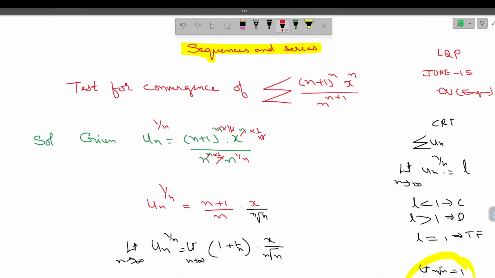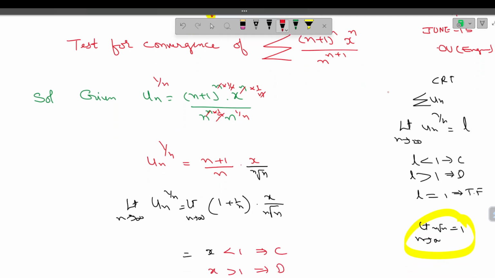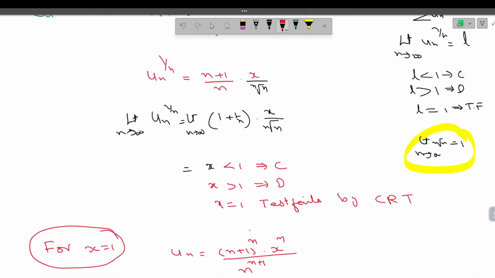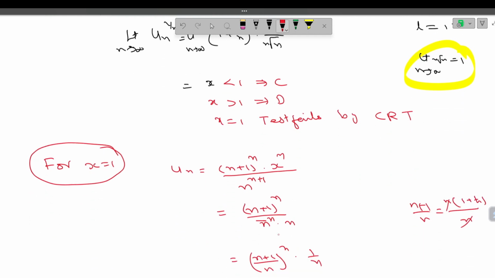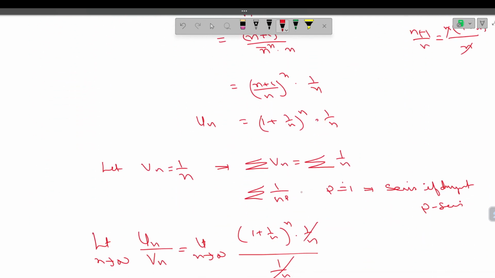Those who are watching, this appeared in the Osmania Engineering June 15 long question problem. For long question problems, you can't leave the problem at test fails. Test fails means you have to apply another test. So we applied another test, that is the limit comparison test. In another problem, I have done it by the basic definition. So the series is divergent by the P series.